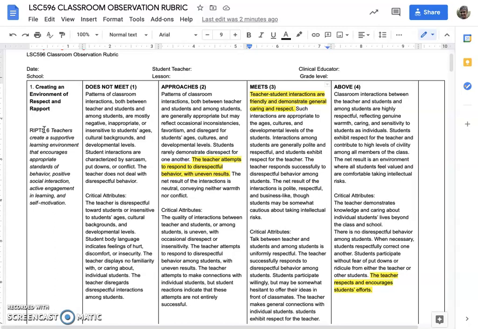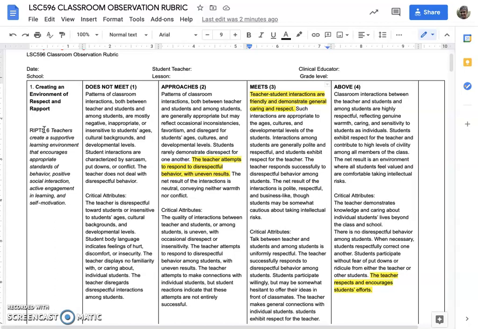So the good news is that those of you in Rhode Island, you are going to have some experience being evaluated using the likely rubric that you'll be evaluated on next year when you have a job, so you'll be familiar with it.